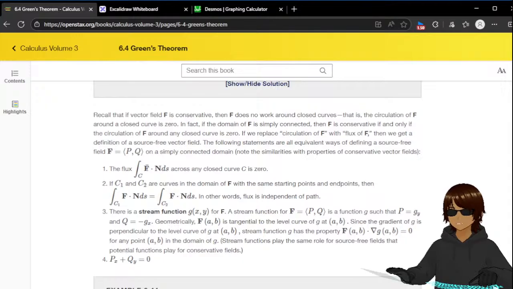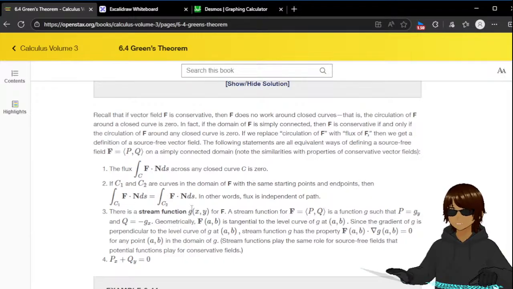The flux across any closed curve C is 0. So even the flux is 0. P_x plus Q_y is 0. C1 and C2 are curves in the domain of F with the same starting point and endpoint.